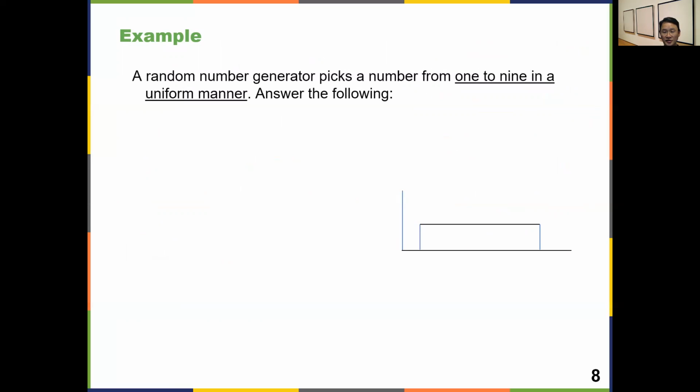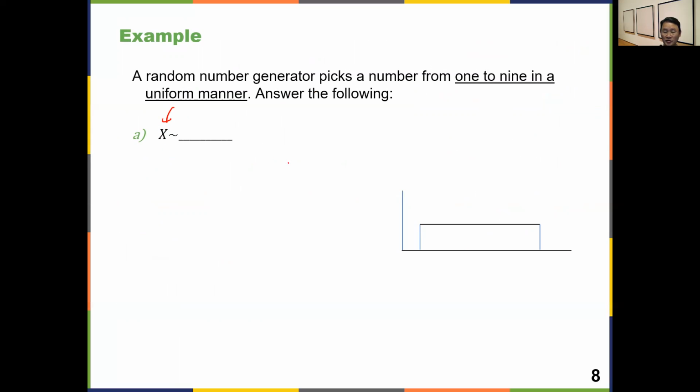Let's check out this example here. So a random number generator picks a number from 1 to 9 in a uniform manner, and answer the following question. So first one, whoa, what are they asking? They want to define this distribution.